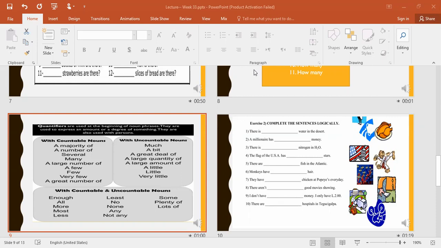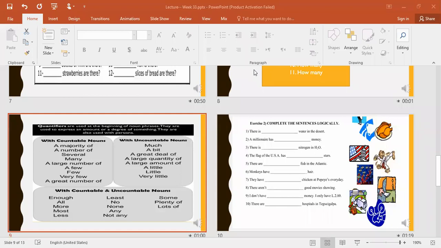Look at the box of countable nouns. Look at the box. Several. Very good, excellent, several. Number 5, there are fish in the Atlantic. Is this countable? Can we count how many fish there are in the Atlantic? Yes?